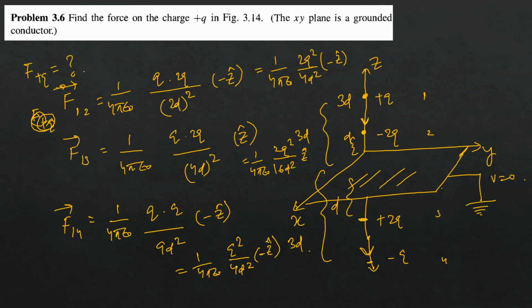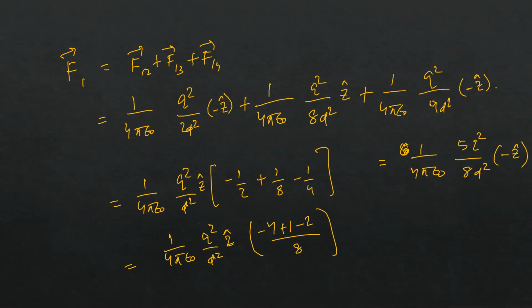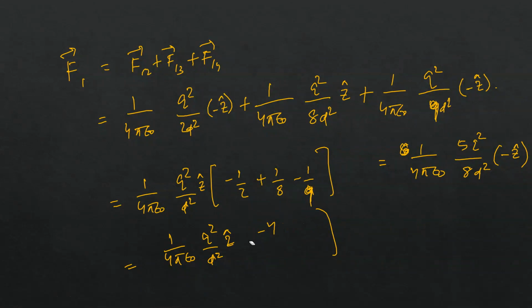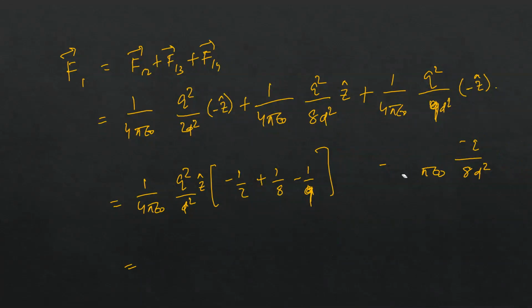Oh, this is 9d square. My bad, sorry. This is 9. Wait. If you do everything correct and then make a mistake at the end, all the hard work is gone.